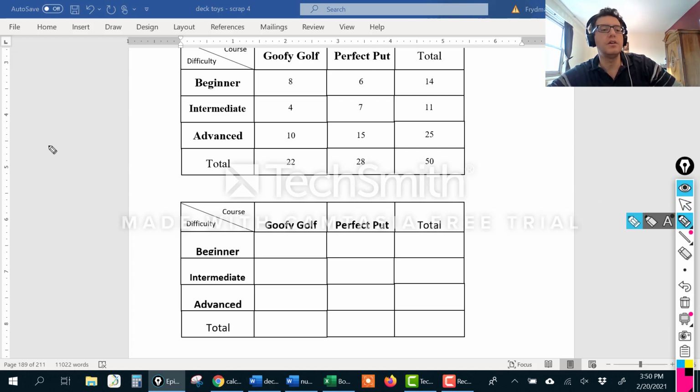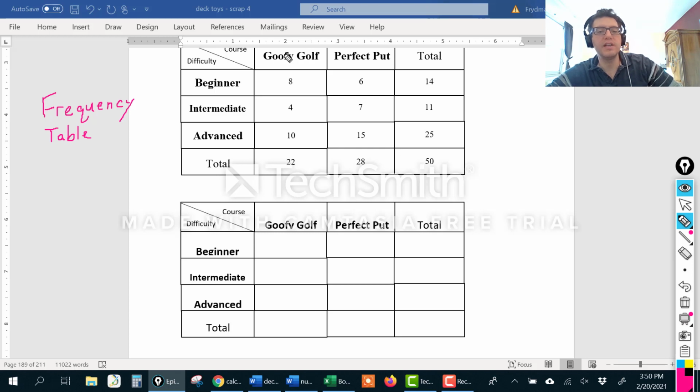This is a two-way table that gives us the frequencies. So this would be a two-way frequency table. And what we want to do is take this frequency table and turn it into a two-way relative frequency table.